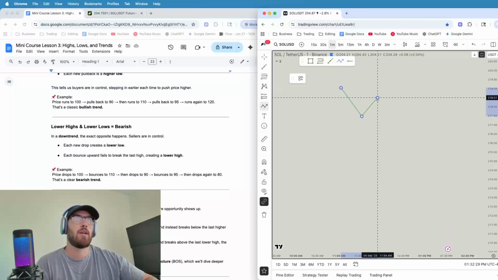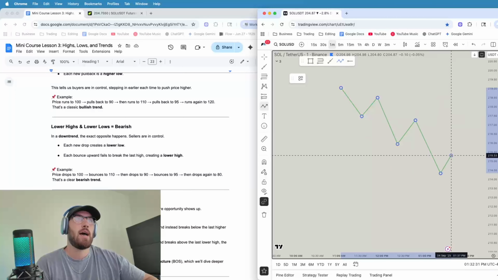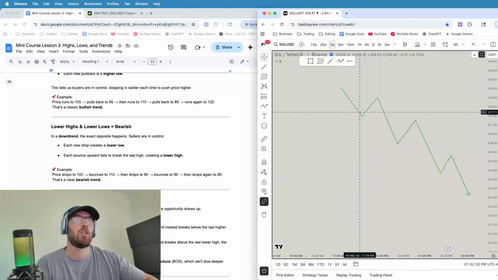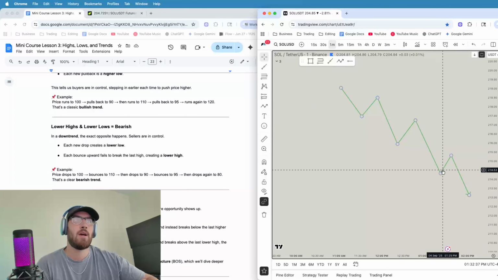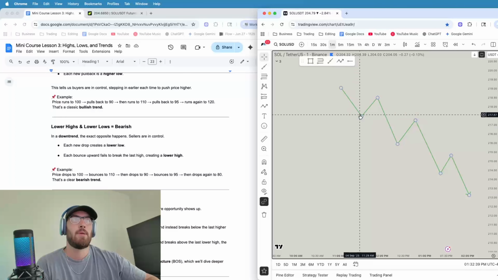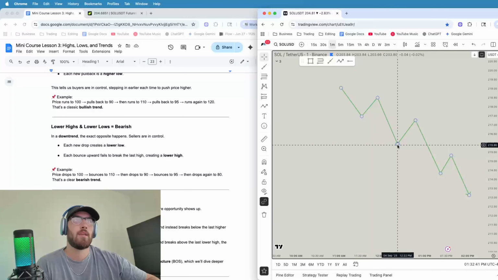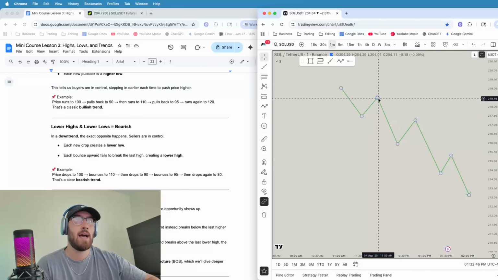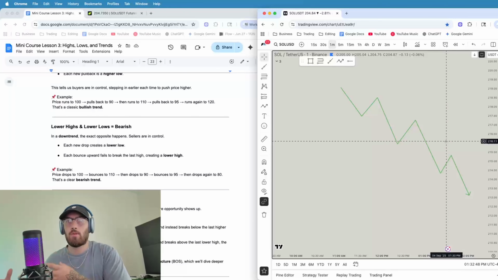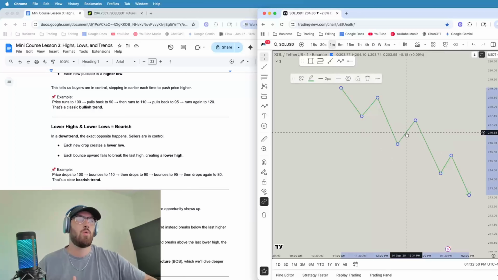That's what this would look like right here. Each high is lower than the previous one, and each low is lower than the previous one. So it's just opposite. We're stair-stepping downwards now in a downward trend. Because again, each low is lower than the previous one that you can see, and each high is also lower than the most previous one. That is how you know we are in a downtrend.